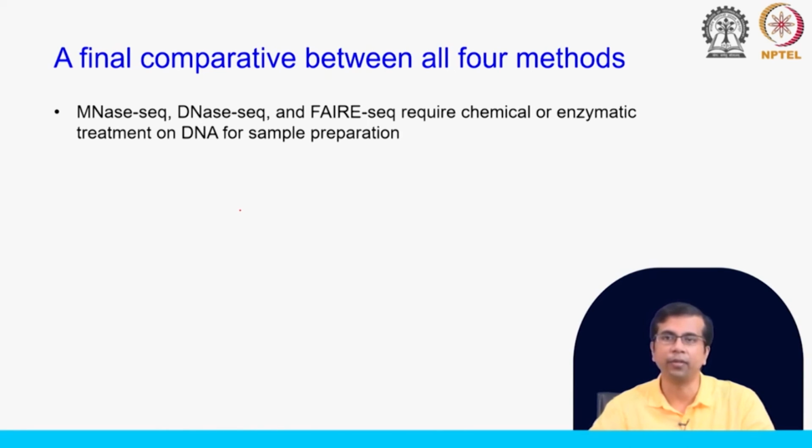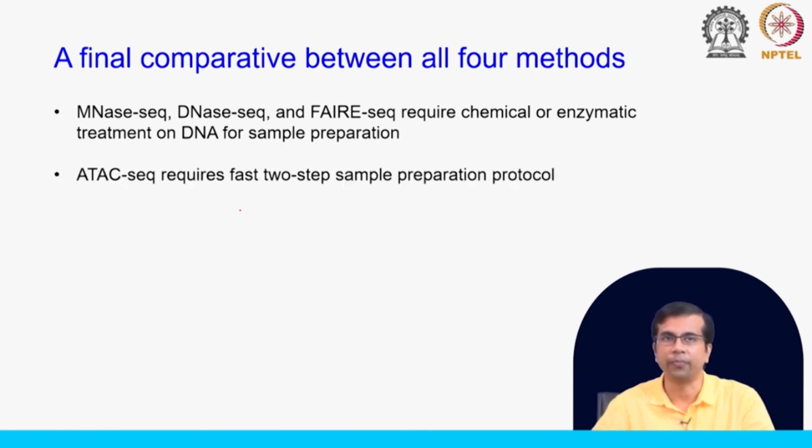This has endo-exonuclease activity, and we map only the bound sites, or the occupied sites. DNase-seq requires this DNase I enzyme, and FAIRE-seq requires formaldehyde cross-linking. Okay. So, these actually require chemical or enzymatic treatment. So, these require optimization, and they increase the complexity of the whole process.